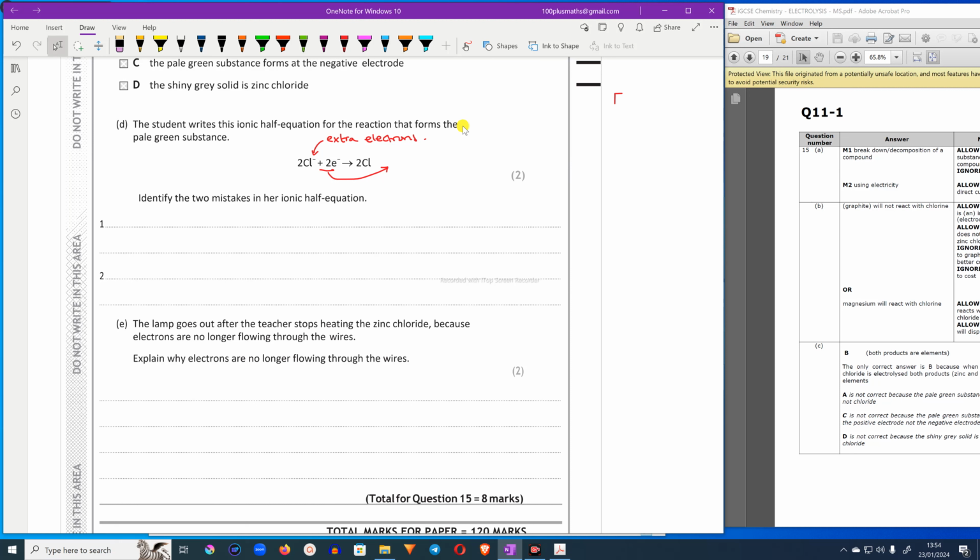And what did we say about fluorine, chlorine, bromine, iodine? Yeah, it's what type of molecule? Diatomic. They run around in twos or pairs.